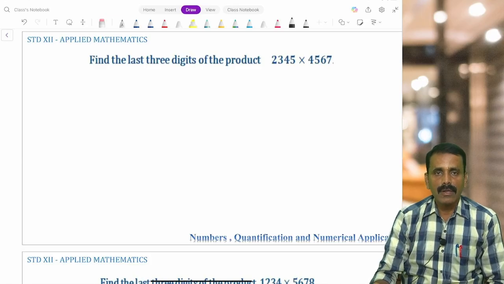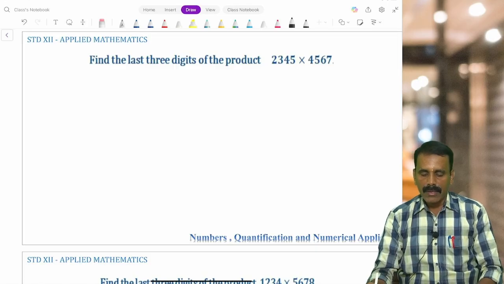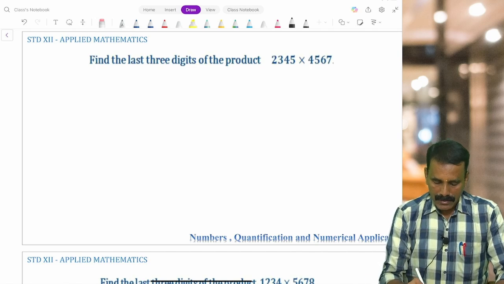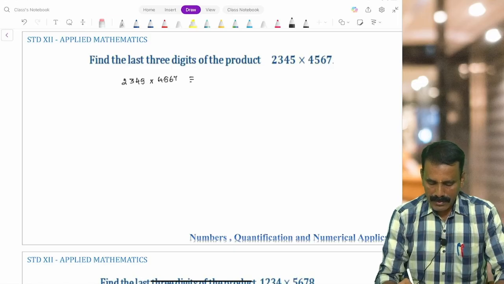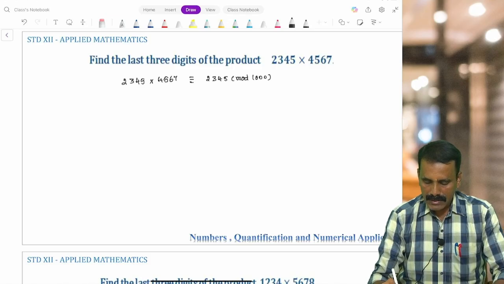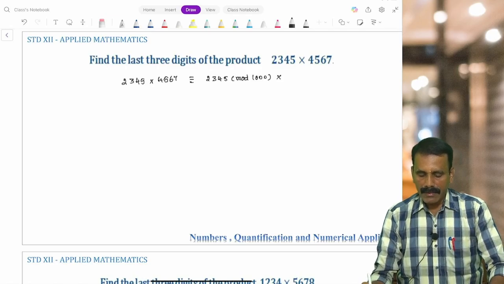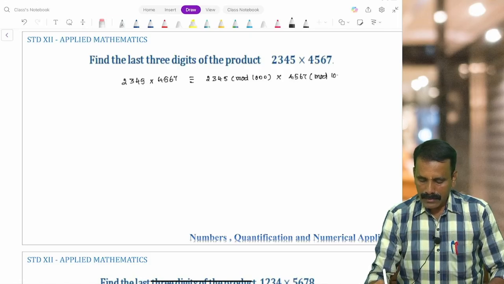Now we are going to concentrate on how to find the last three digits of a product: 2345 multiplied by 4567. So 2345 into 4567 is congruent to 2345 mod 1000 multiplied by 4567 mod 1000, because for the last three digits we have to find the remainder when divided by 1000.